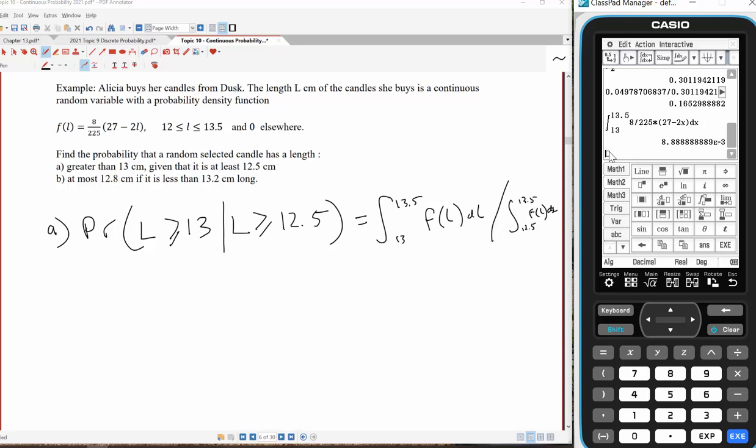Not always. Anyway, let's grab it again and do the smaller sample space, 13.5 and 12.5. So that's that. So we're going to do top divided by bottom. Quarter. I wonder if that would have worked out nicely by hand. It probably would have.